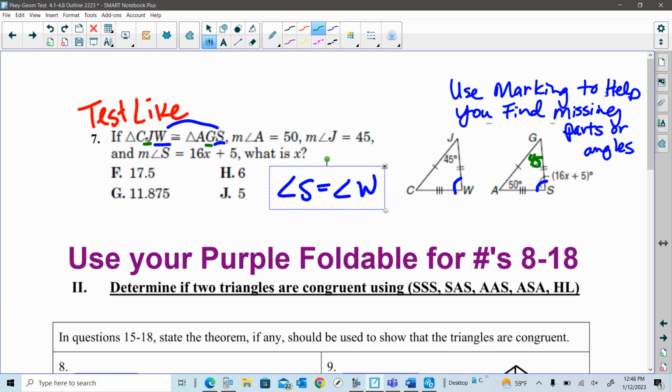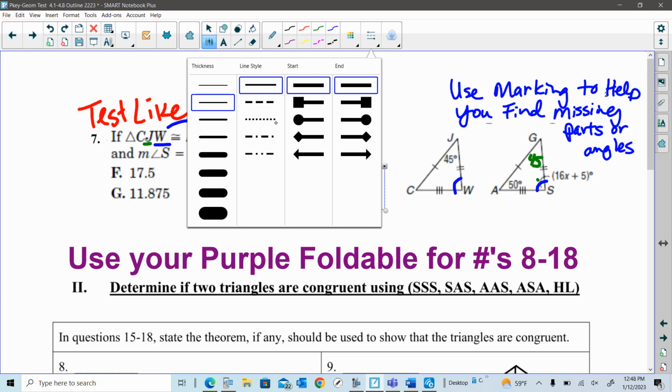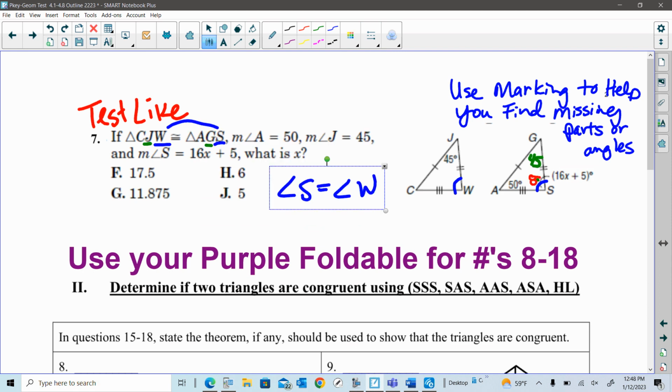And now you can find the missing third angle of S. 45 and 50 is 95. Subtract that from 180. That gives you 85. So my 16x plus 15 is equal to the 85. That is the angle. And then you're just solving for X.